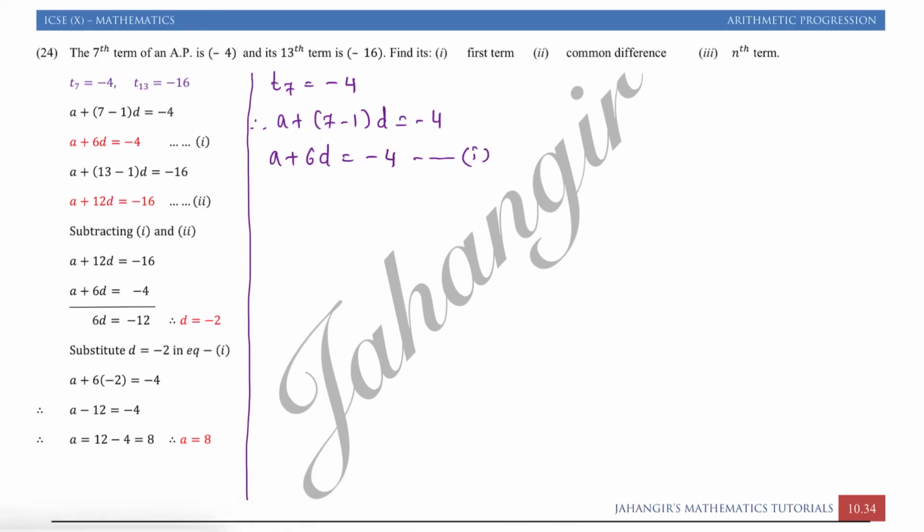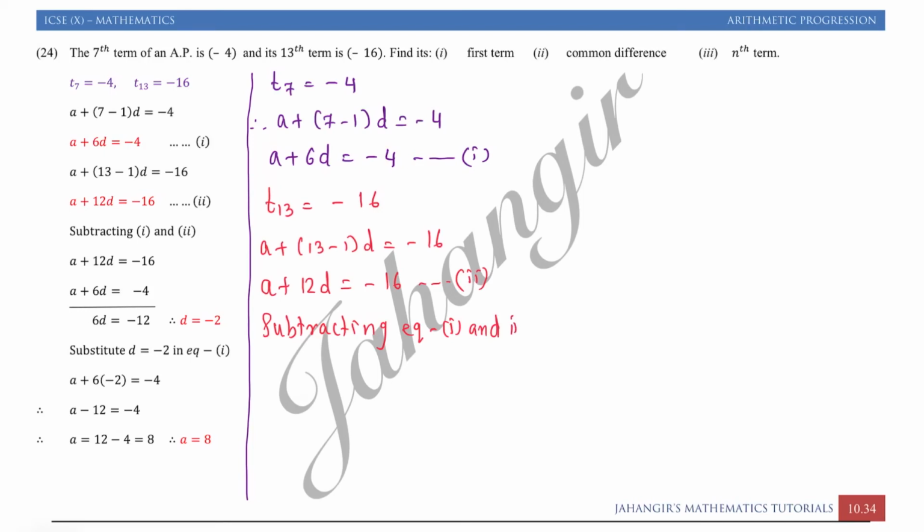For the second equation I can write T13 is equal to minus 16. So we can write A plus 13 minus 1 into D is equal to minus 16. A plus 12D is equal to minus 16. This is my second equation. Now we will subtract equation 1 and 2.